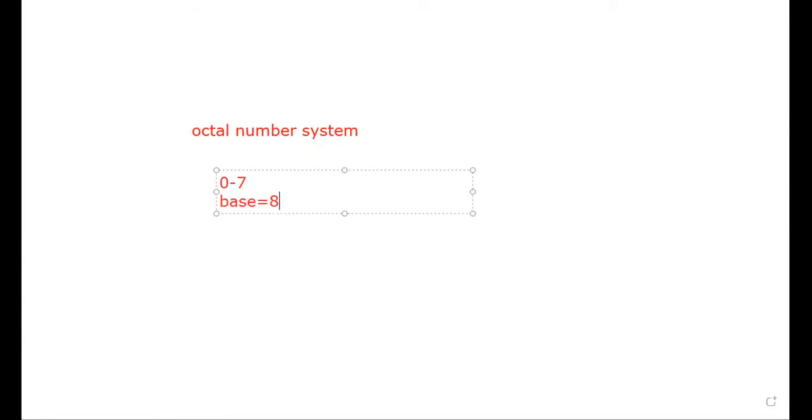Under that write down: the digits in the octal number system are 0 to 7, and the base value is 8.